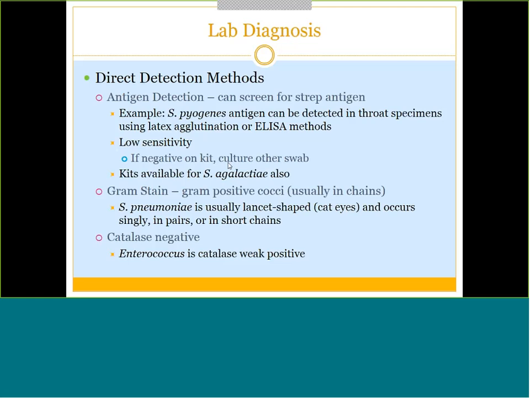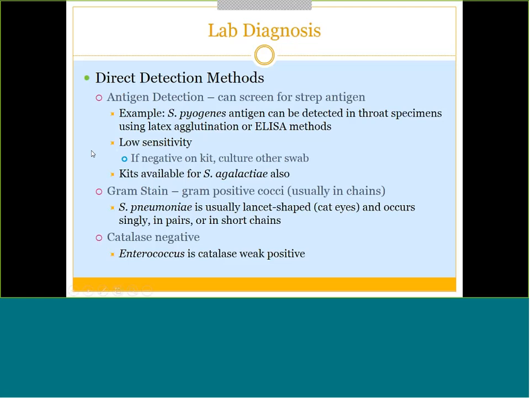Then we'll look at it the next day, because sometimes it will show up positive even though the kit said no. That's because some of those kits have a low sensitivity. So we want to be thorough. We want to make sure that we're truly saying, yes, they have it, and giving them antibiotics if they do have it. So it's just a confirmatory backup method to the negative kit results.